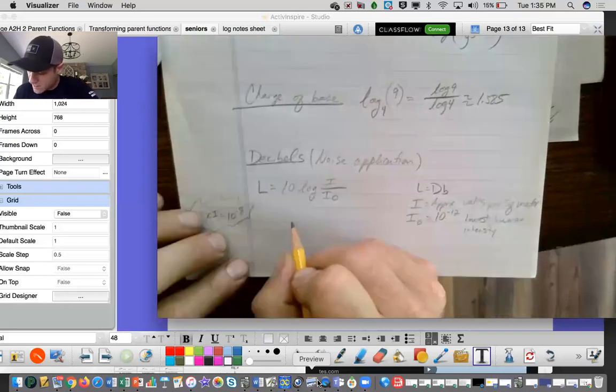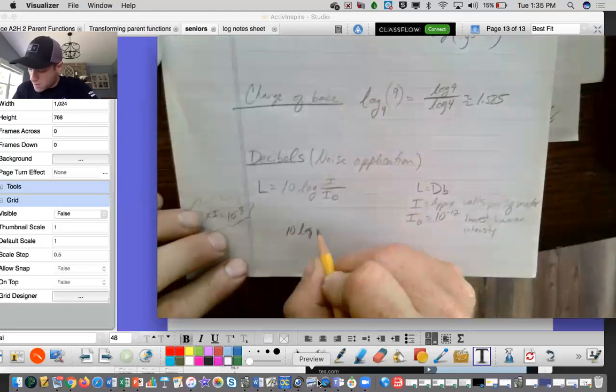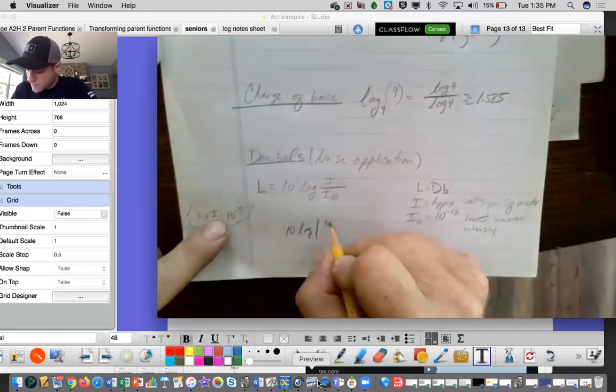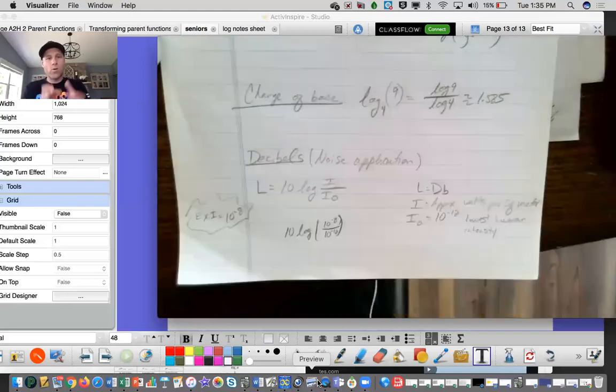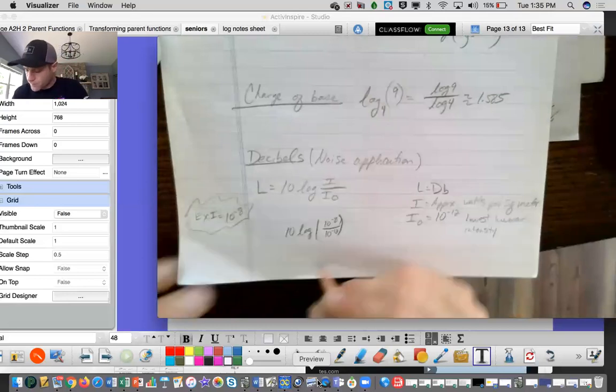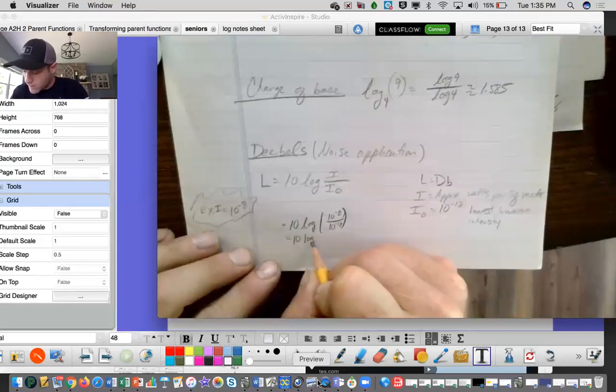So what that looks like is 10 log of 10 to the negative 8 over 10 to the negative 12. And if you remember your negative exponent rules, we can switch the negatives around since they're negative exponents, and that's really going to be 12 on top and 8 on bottom, which means we'd have 10 to the 4th, right? So 10 log of 10 to the 4th.